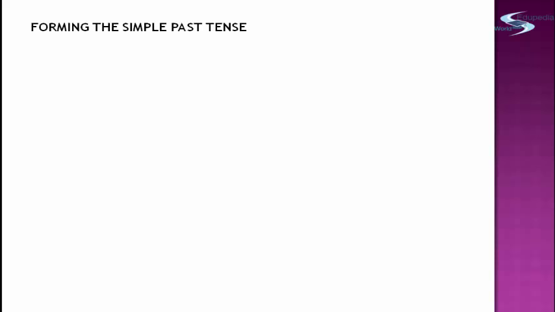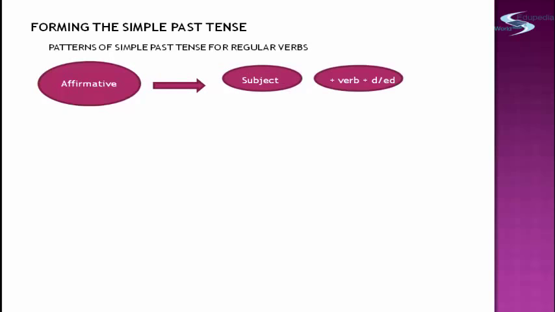Forming the simple past tense. Remember, there are regular verbs and irregular verbs in the past tense. So, I would like to present to you the patterns of simple past tense for regular verbs first. Okay, for the affirmative, we have the pattern subject plus verb with D or ED. So, example, she smiled.